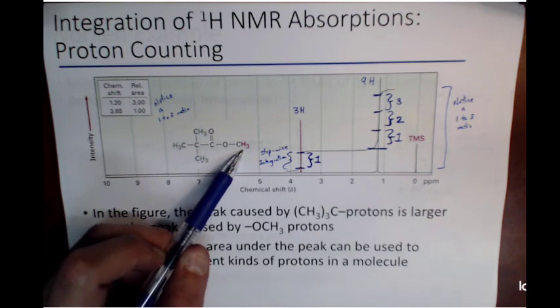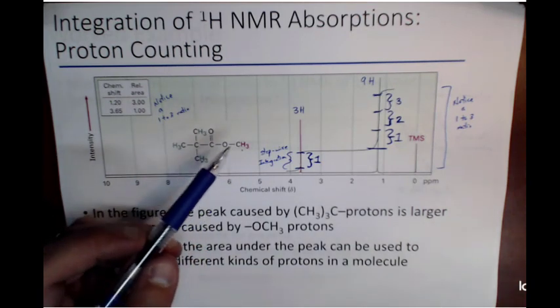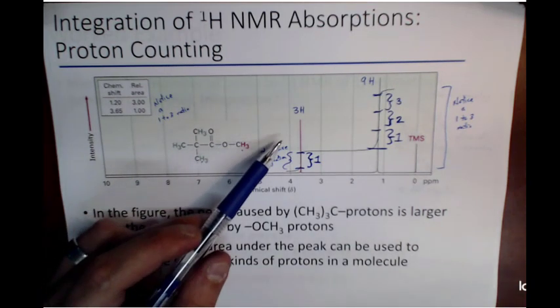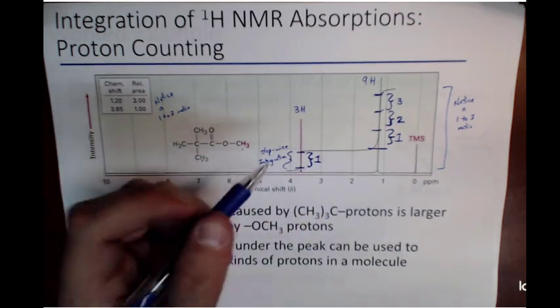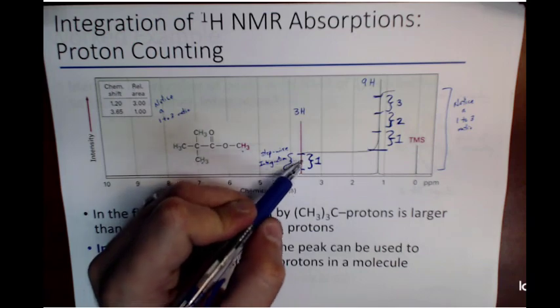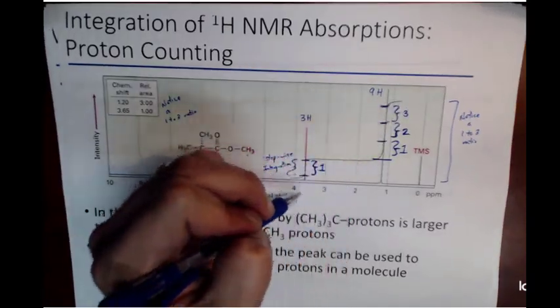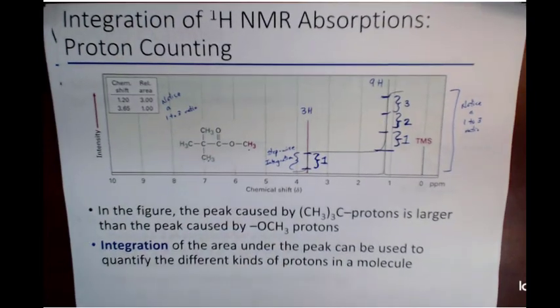So we should only see 2 different signals in our NMR spectrum. And if you notice, there's a difference in height, but also the slides that you have show it a little bit better. I've already written on it, but there is this weird little zigzaggy line that's drawn, and that's called stepwise integration.